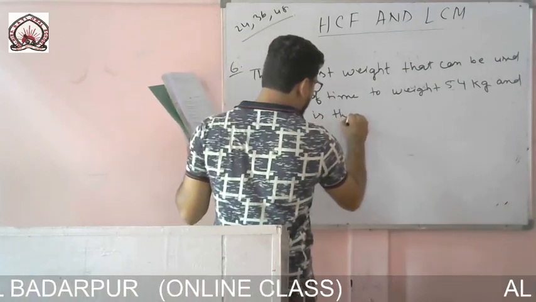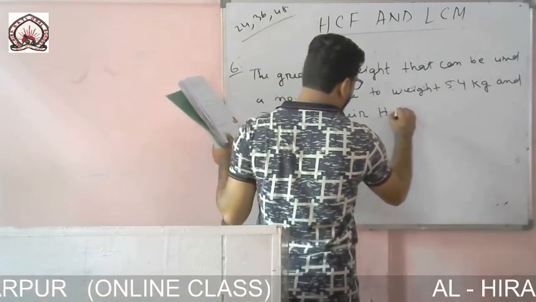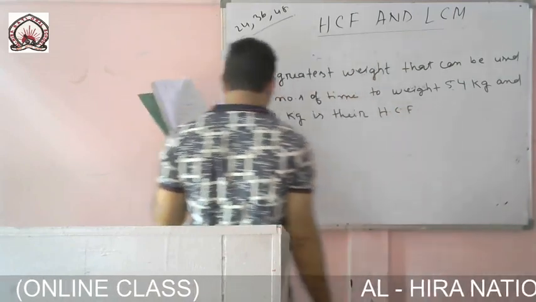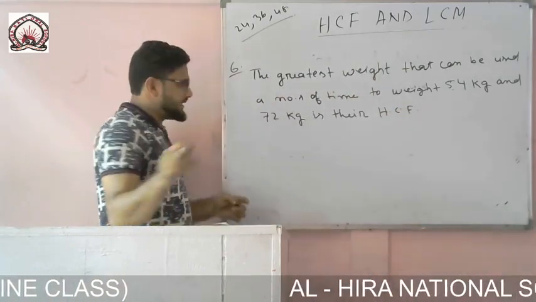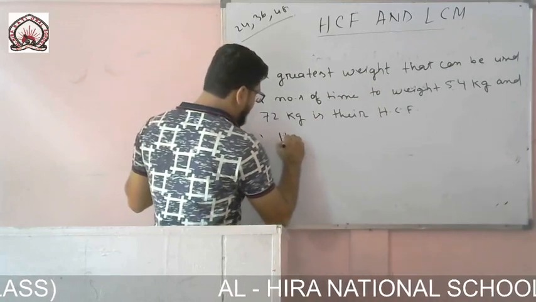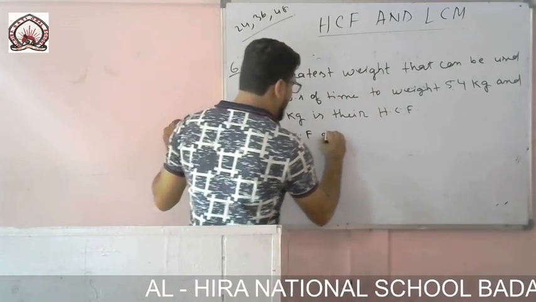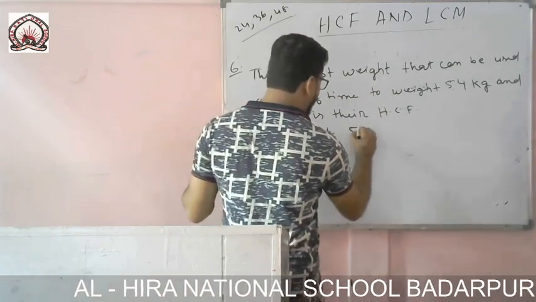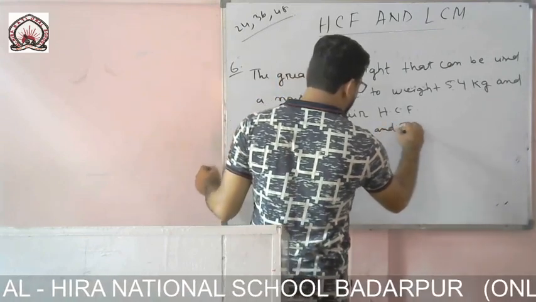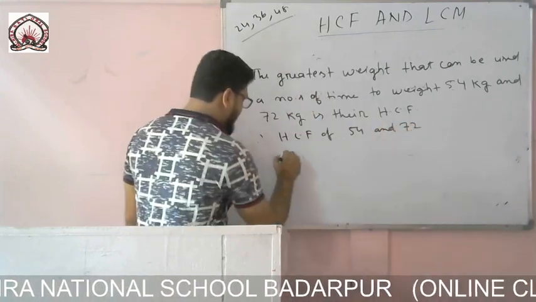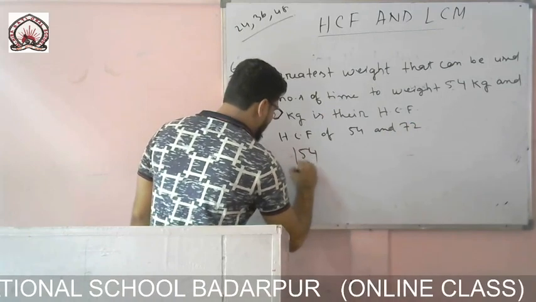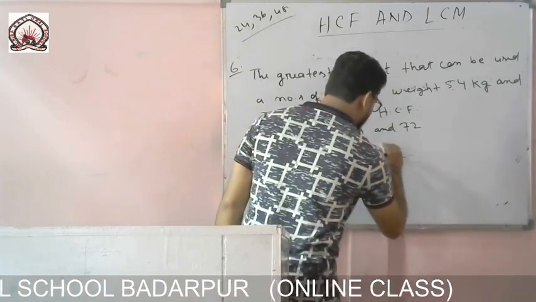It is their HCF. So write: HCF of 54 and 72.